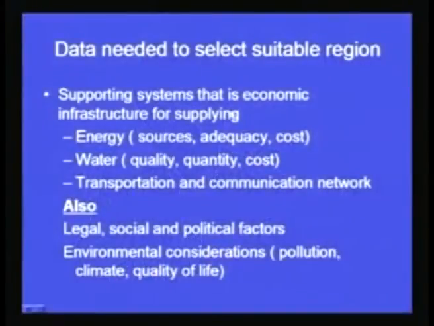Now on your screen you can see the third point, supporting systems, that is economic infrastructure for supplying energy. Energy should be available; different sources of energy can be there, with adequacy and cost. Whenever we have to choose a location, if we place our facility in a particular state, the cost of electricity may be less.